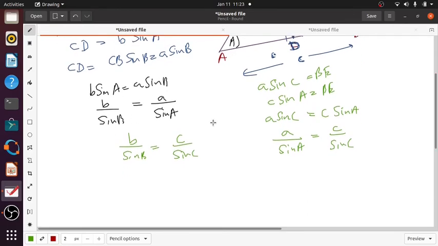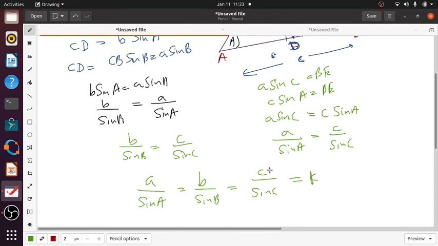That means all these ratios are equal to each other. So finally I can write a over sine A equals b over sine B equals c over sine C. So all these ratios are equal to k. Let me call it k.